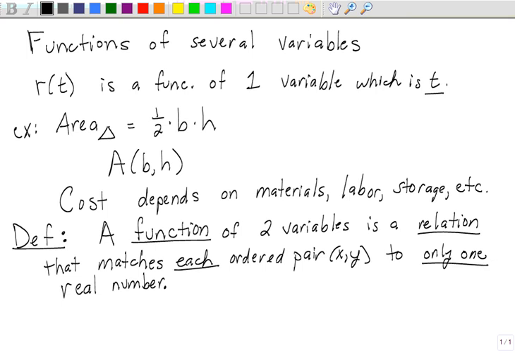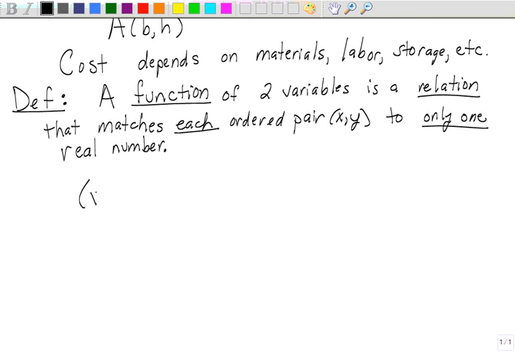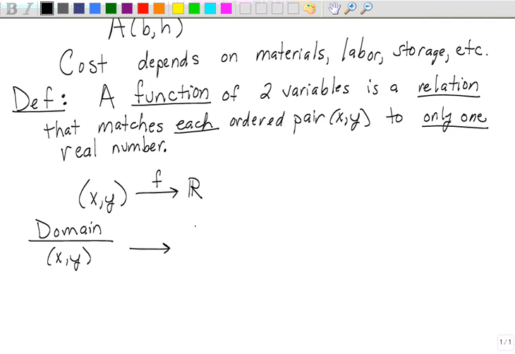So it has the same wording as a function of one variable. It takes an ordered pair into a real number. So the domain is all of these sets of ordered pairs in the real number system, and the range is f of (x, y), which is one real number. It's a unique real number.